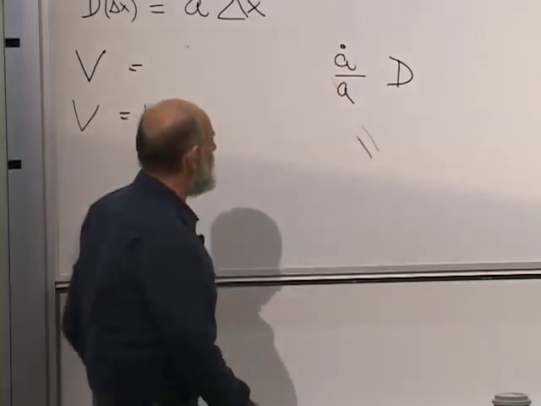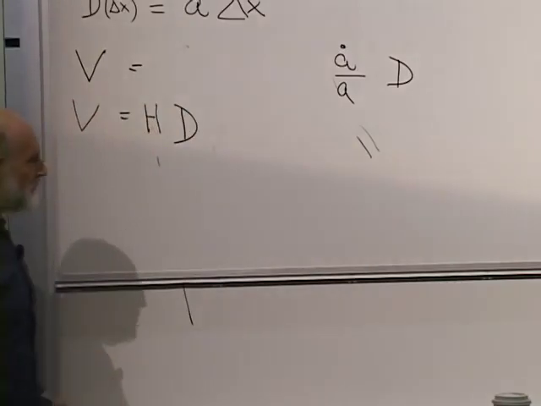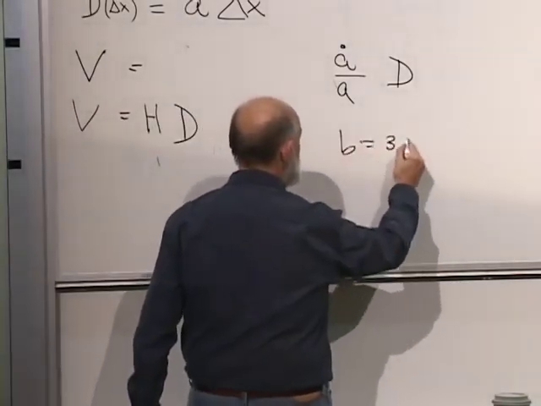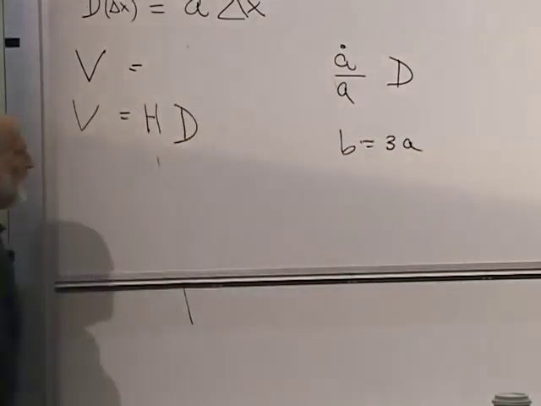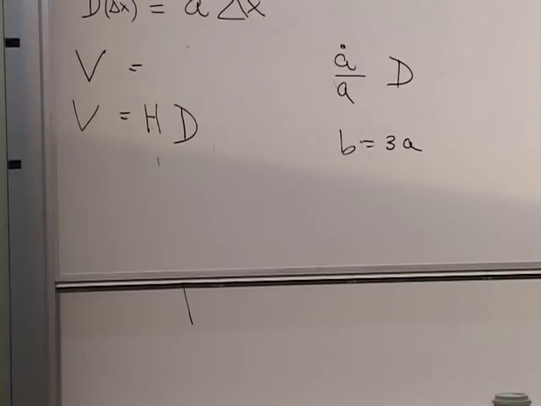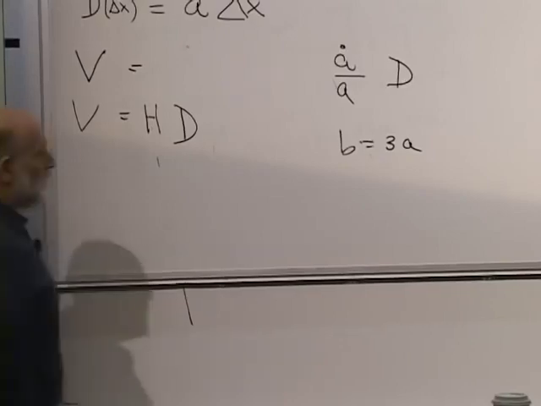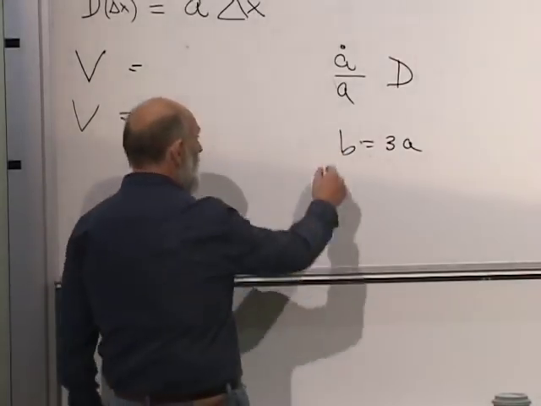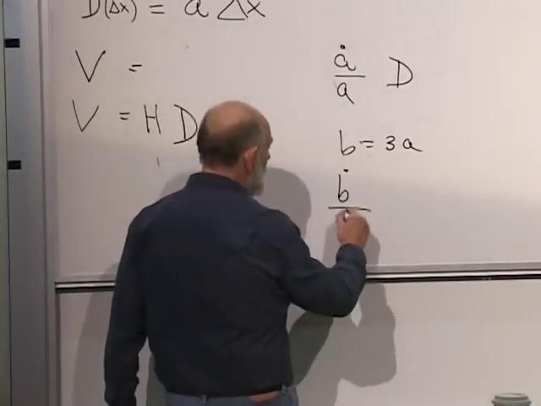For example, supposing I defined another scale factor, let's call it B. B is 3 times A. Just another definition for the scale factor, so that it's 3 times bigger than the original definition of it. What about B dot over B?